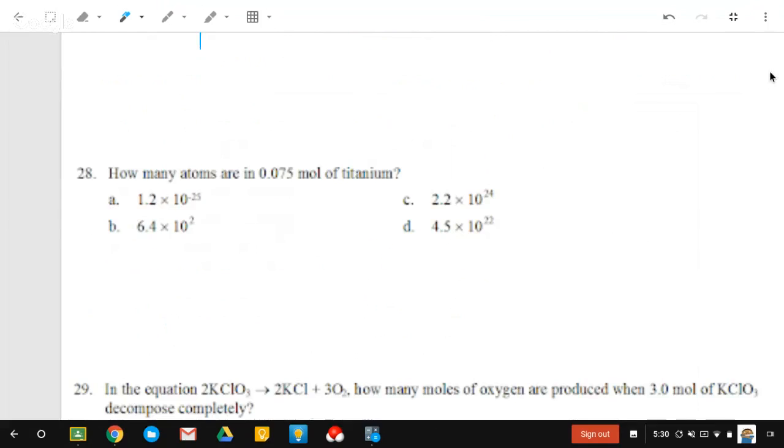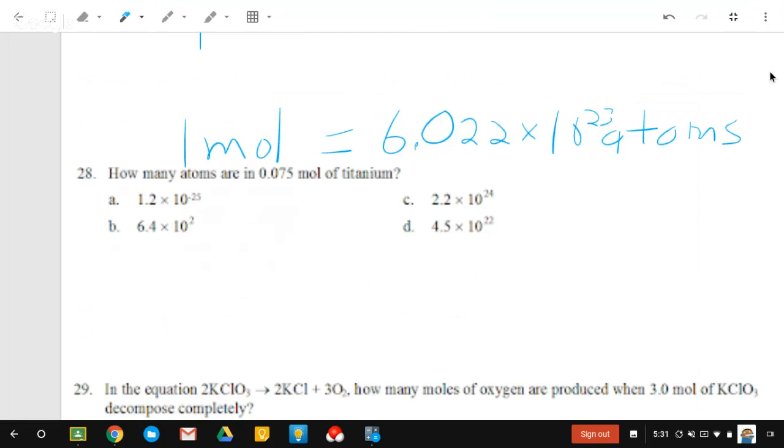All right, let's close this out. So we got: how many atoms are in 0.075 moles of titanium? That's just Avogadro's number, 6.022 times 10 to the 23rd. That's how many atoms there are in 1 mole of any substance. So we just do 0.075 times 6.022.